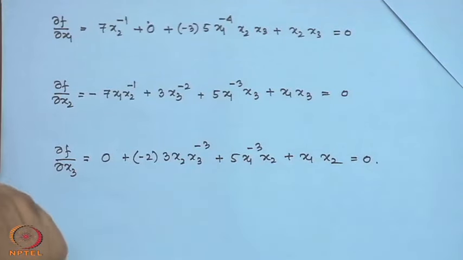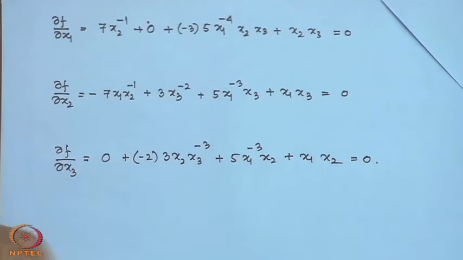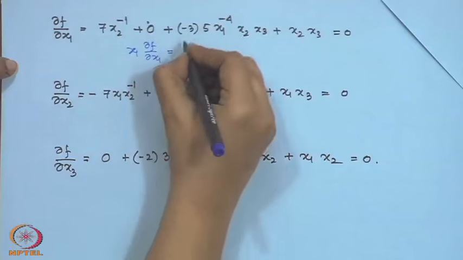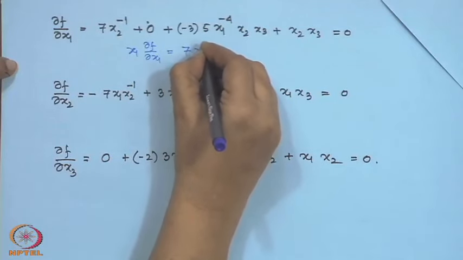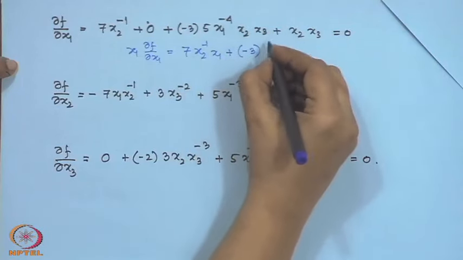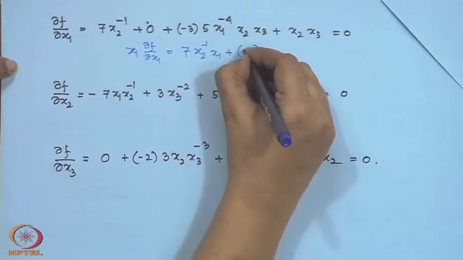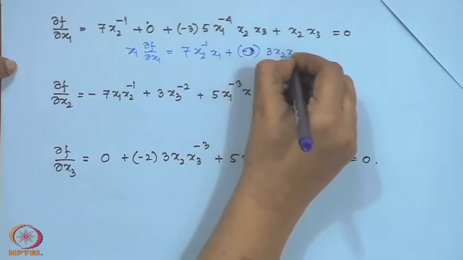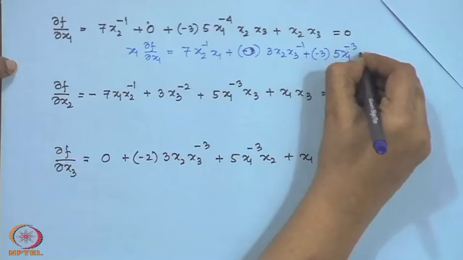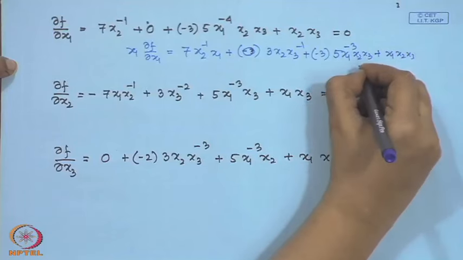We have 3 equations from here, and one thing you just see: if I multiply x1 with del f by del x1, then we get the function x2 inverse x1, plus 0 into 3 x2 x3 to the power minus 1, plus minus 3 into 5 x1 to the power minus 3, plus x1 x2 x3 is equal to 0.